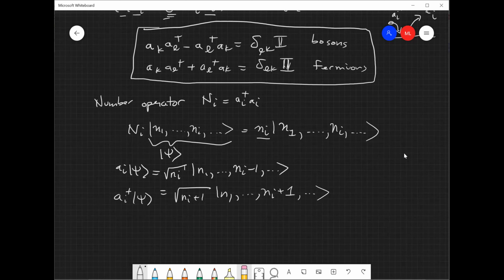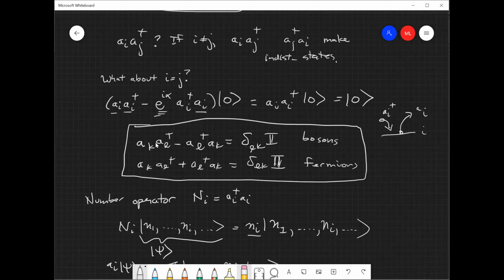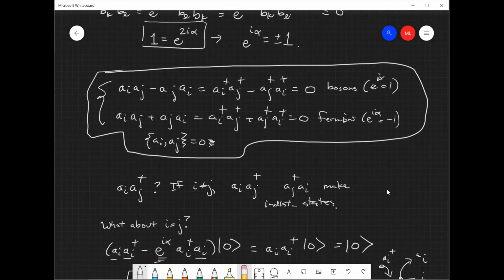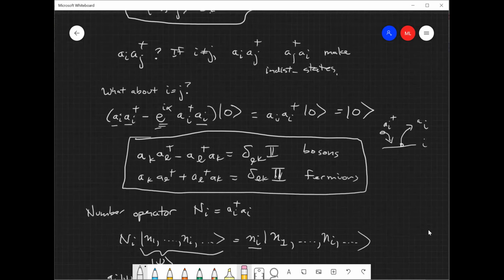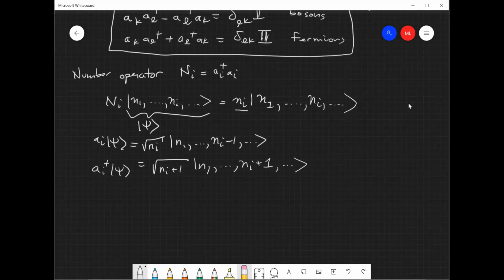So you can use these operators now to construct any given occupation number state from the vacuum. And the reason we do things this way is because all of the particle statistics, what happens under particle exchange, is captured by these commutation relations. And so whenever dealing with these multi-particle states, you always just have the vacuum, and then a bunch of creation and annihilation operators acting on the vacuum.